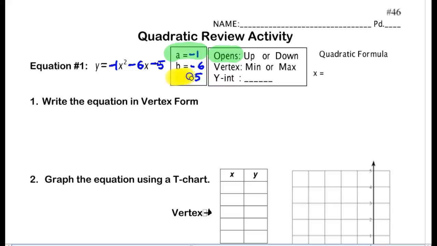And looking at C is how you figure out the y-intercept. So A is -1, so therefore it opens down. And the y-intercept, or I mean the C equals -5, therefore the y-intercept is (0, -5). So the C and the y-intercept here are always the same.